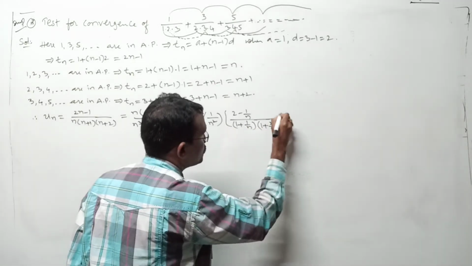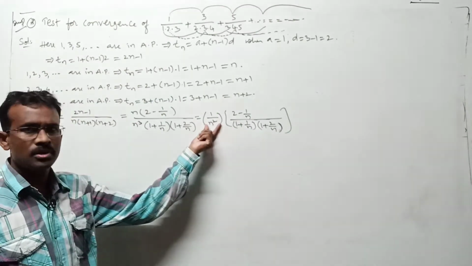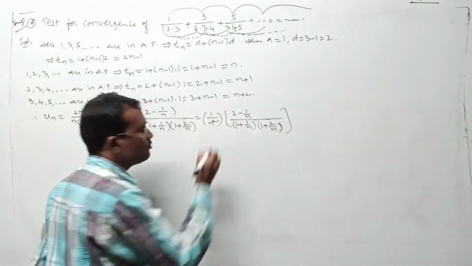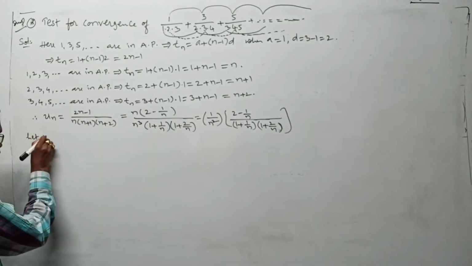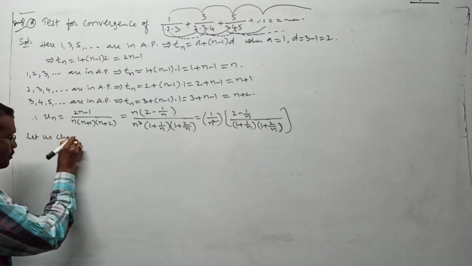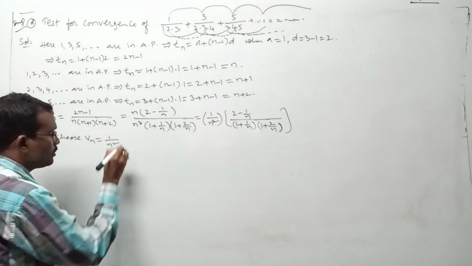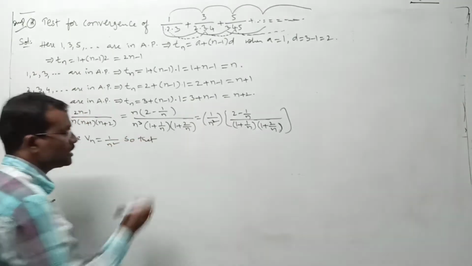Any problem with this? I am just doing mathematical work here. This is a common term under the n relation, which we can take as Vn. Let us choose Vn equal to 1 by n square. But after choosing Vn, you have to check whether it is correct or not.